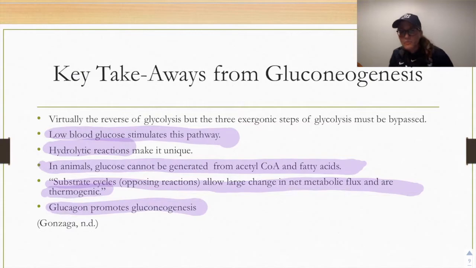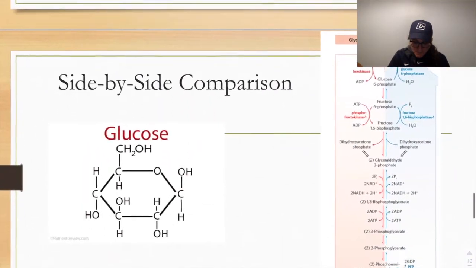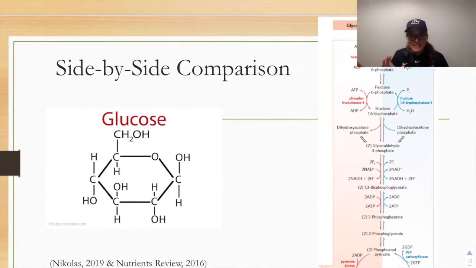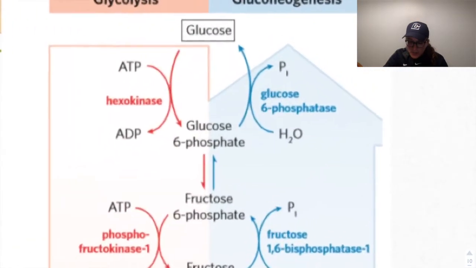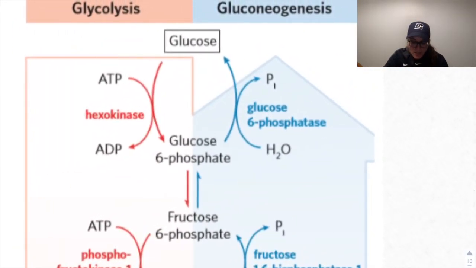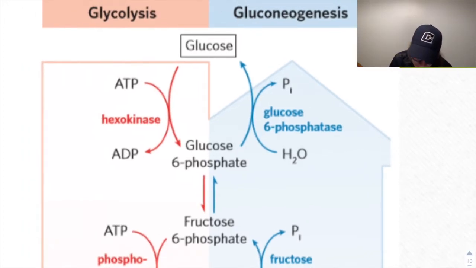So, before I go more into the application of insulin and glucagon, I do want to just drive home and do a side-by-side comparison. So, let's look at a side-by-side comparison of both glycolysis and gluconeogenesis. So glycolysis is on my left in an orangish reddish tint, with gluconeogenesis on my right in that bluish tint.